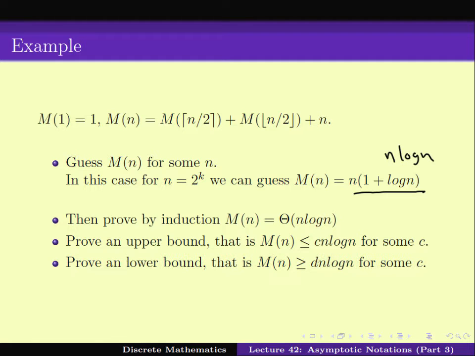And then you prove mn is bigger than or equal to d times n log n for some d. And once you are done with that, you get that mn equals theta of n log n.